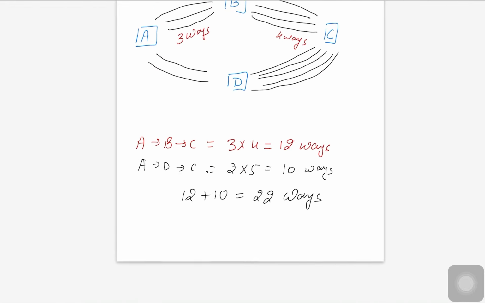Okay, let's take another example. Say there is a hexagon-type movie theater, and let us assume this is a screen, and there are 5 gates: G1, G2, G3, G4, G5.